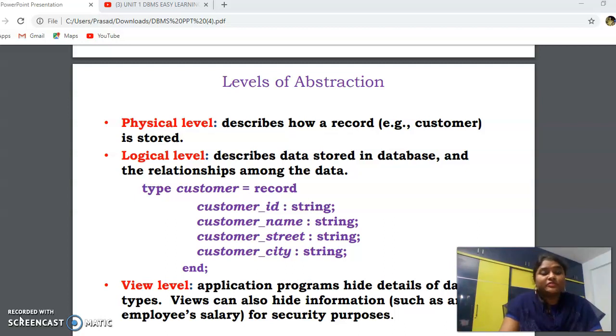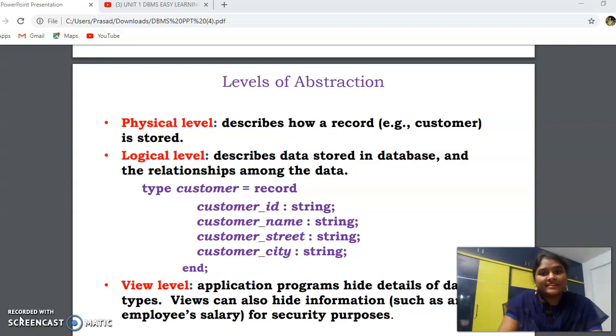Let us switch to physical level. What is this physical level? This is the lowest level of data abstraction. That means it is present at the lower order. What is present in this physical level? Physical level contains how data is stored.